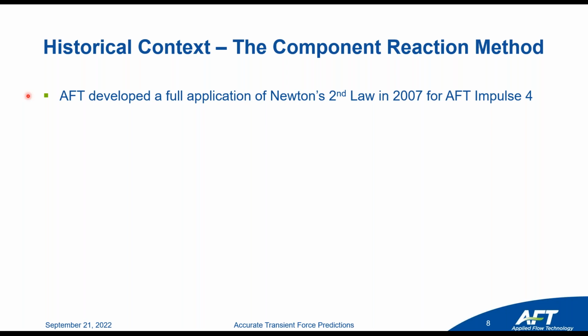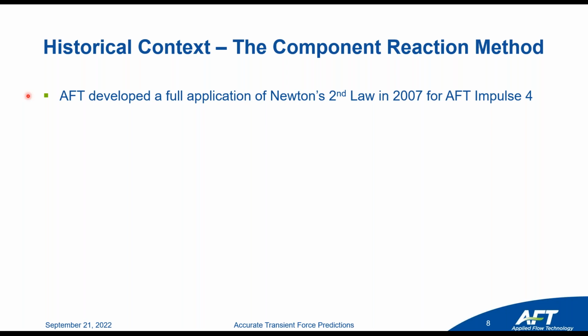It had always had the ability to calculate all the fundamental things you need to do Newton's calculations here. All the pressures and velocity and momentums, you could in principle do it, but we didn't have the feature where you could just tick a box in the software and say, show me the forces and graph them for me, and show me the maximum magnitudes, positive and negative. And so we started working on this in Impulse 4 in the 2006-2007 timeframe.